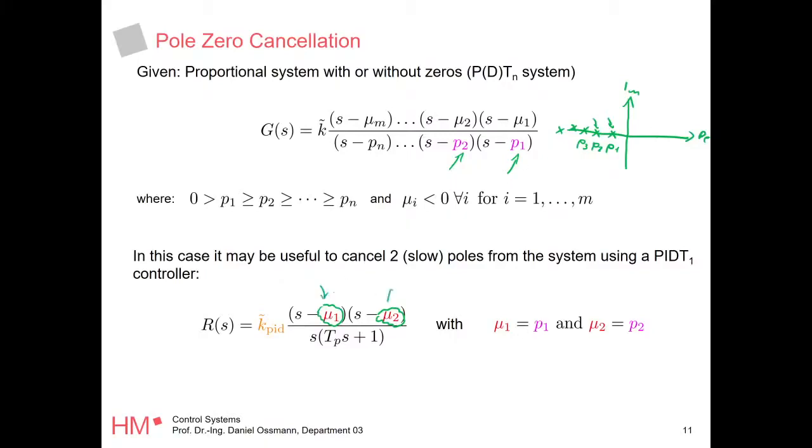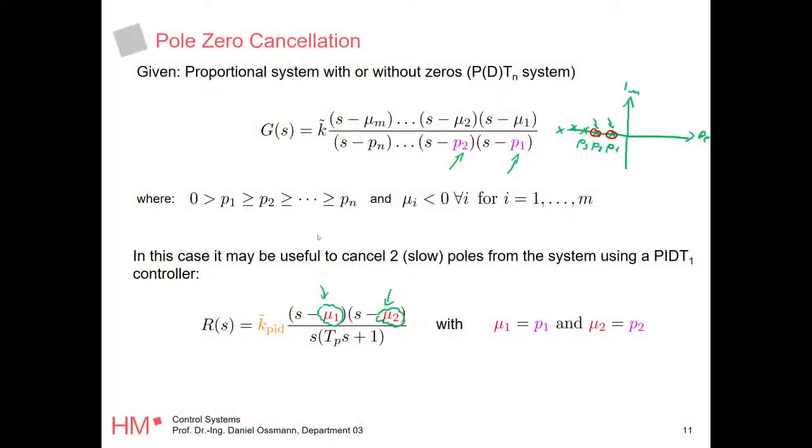Because we are free to choose those, we directly place them over our slow dynamics and thereby cancel them out of the equation, right? Remember when I told you, when we discussed poles and zeros, at the end I said pole zero cancellation, when does it actually appear? It appears either by modeling or when you want it to. When you say, I don't like that pole in my system, I'm going to cancel it, you can do it with your controller. Okay, but let's take a look at what that actually means for the closed loop.